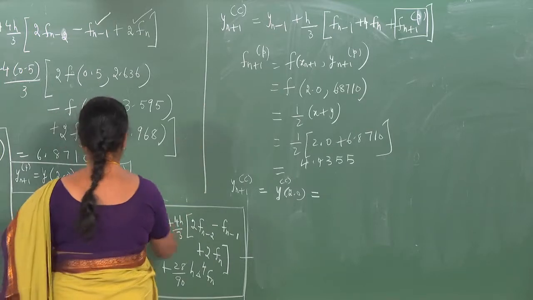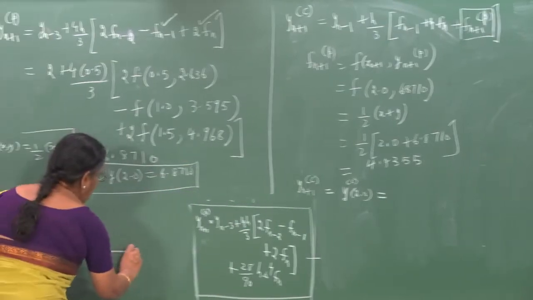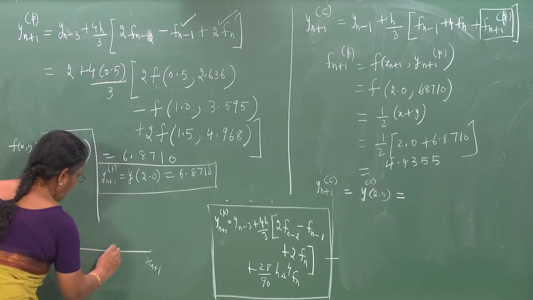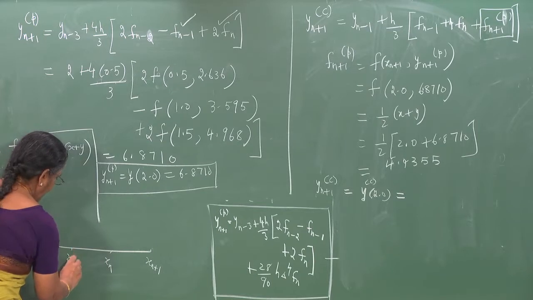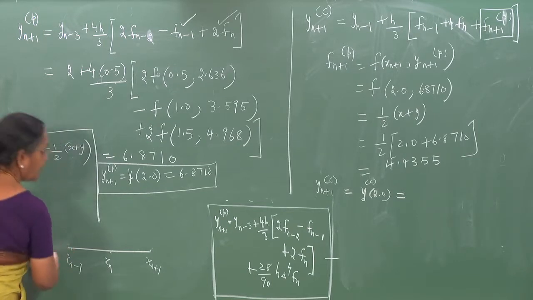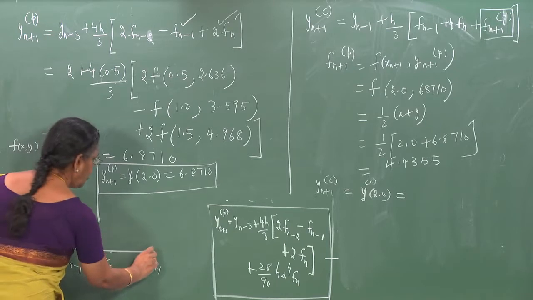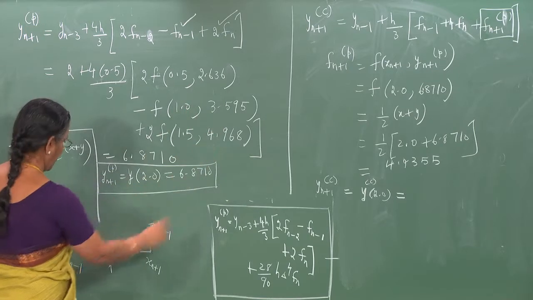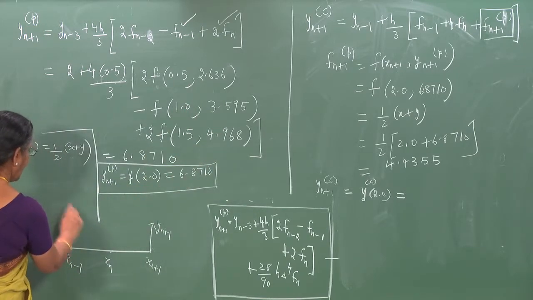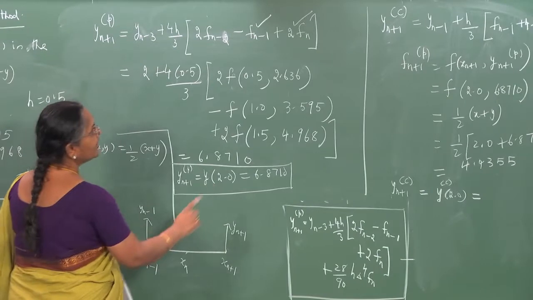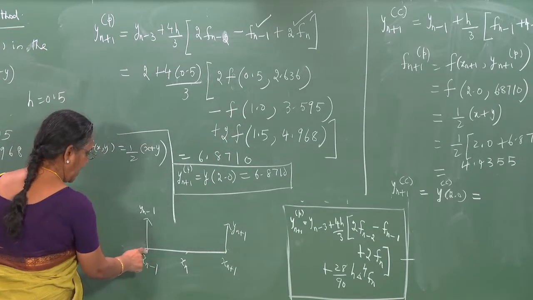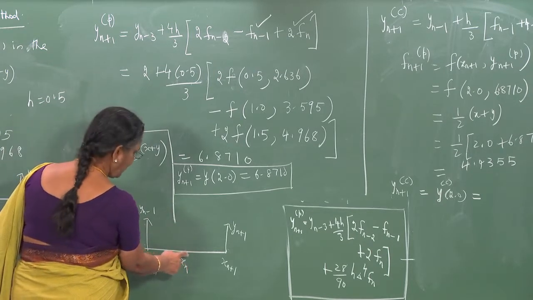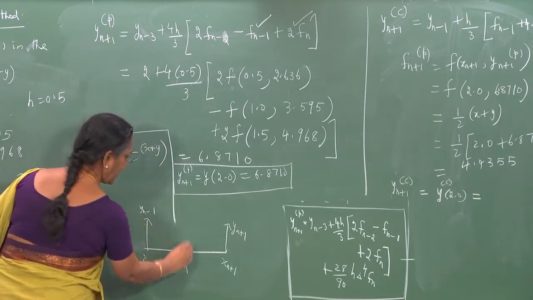So, when you use this method, you have to again mark those points xn plus 1, xn and xn minus 1. The method says the value of y to be corrected here is based on the value of y here, which is yn minus 1, and the function value f of xn minus 1 yn minus 1 plus the function value here, namely xn yn.